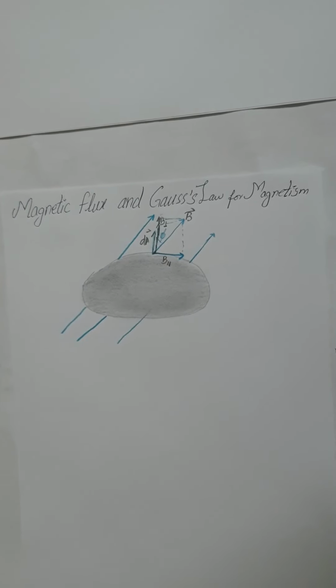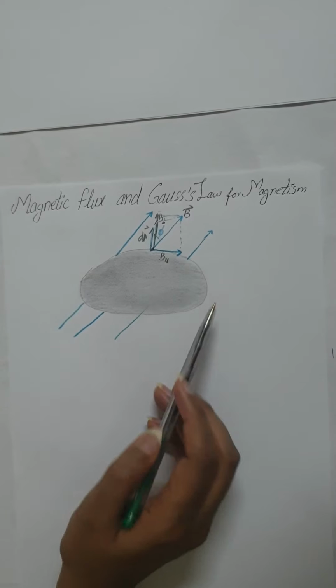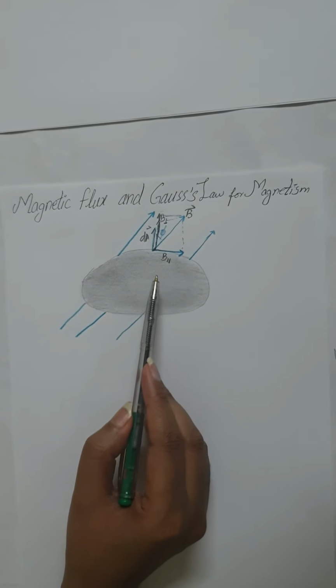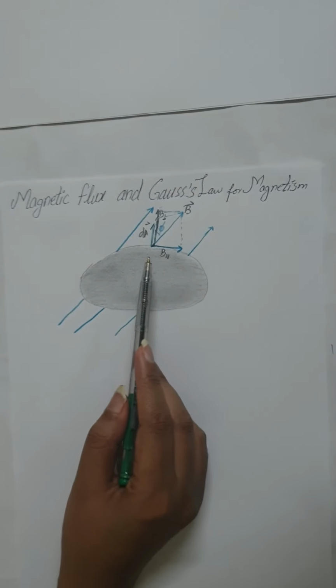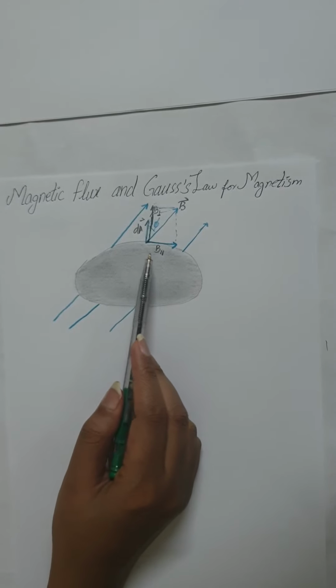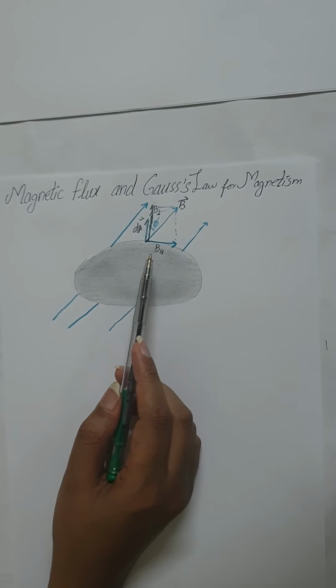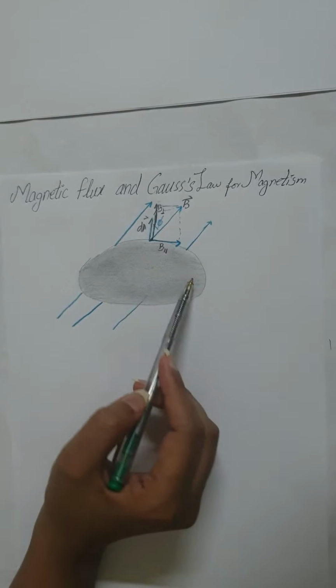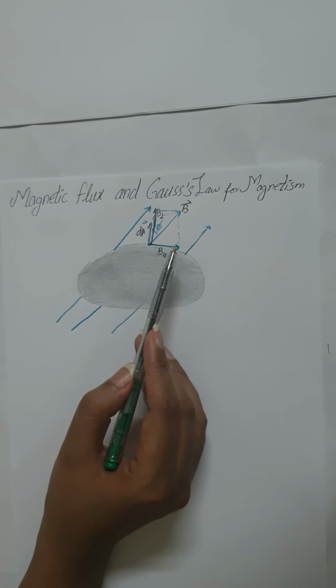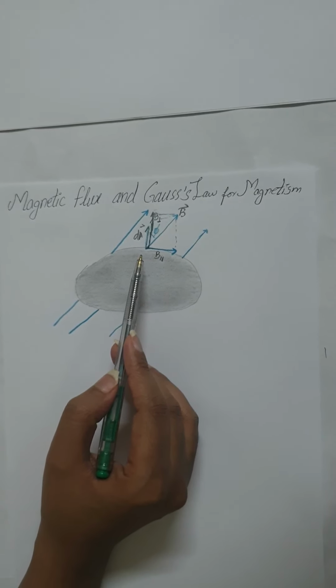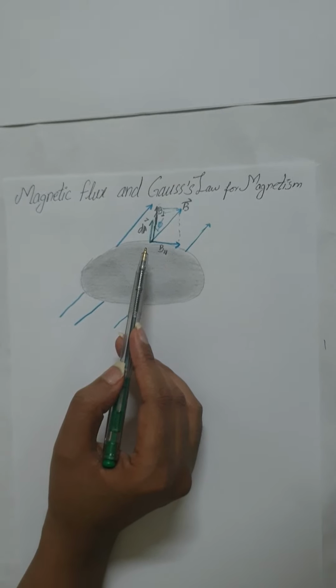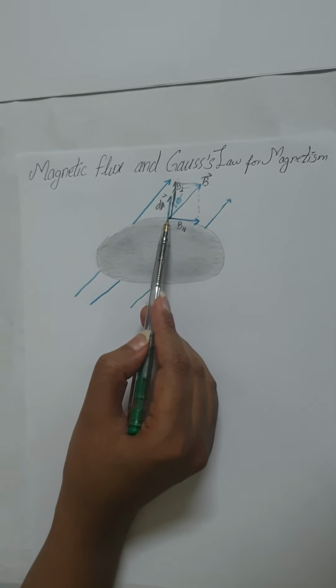For this we can take a surface, and we can divide the surface into elements of area dA, and for each element we determine B perpendicular, the component of magnetic field normal to the surface at the position of that element.